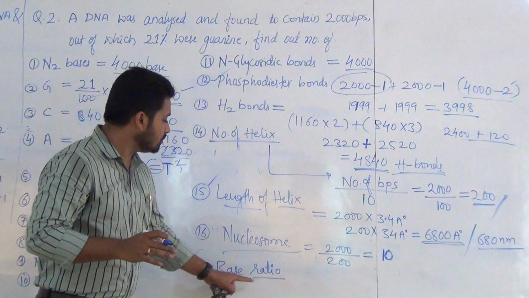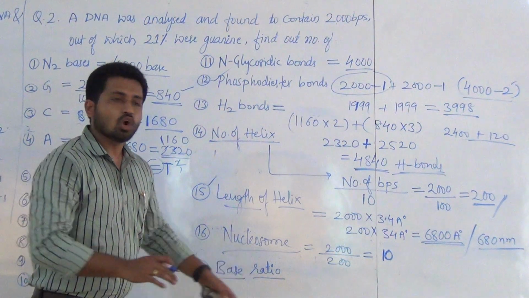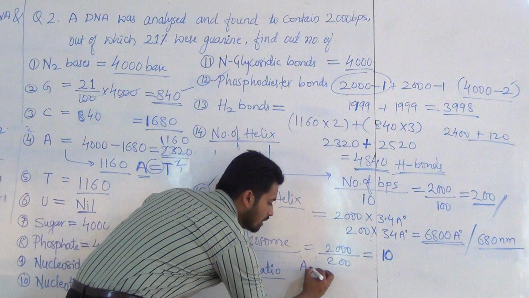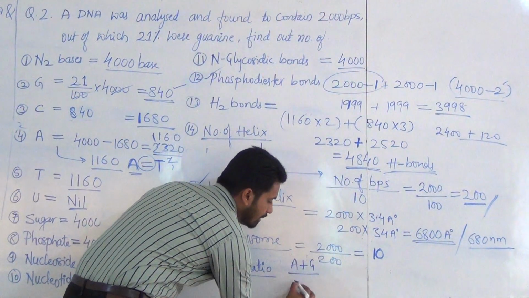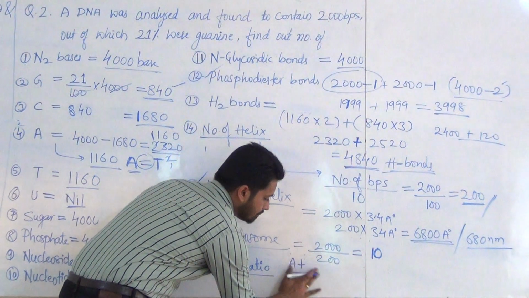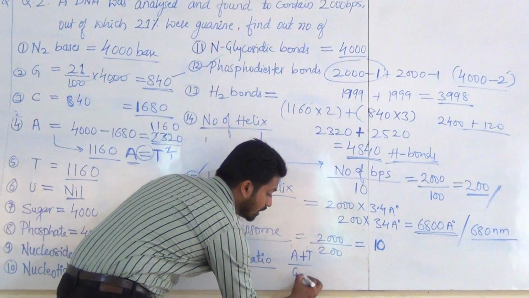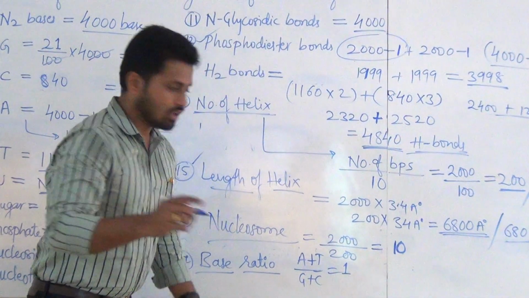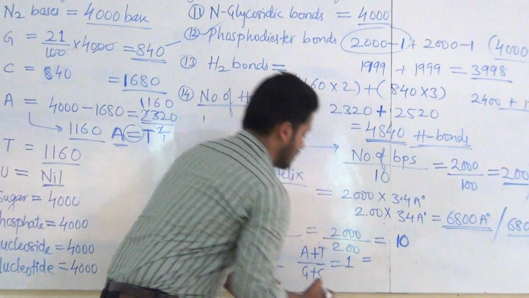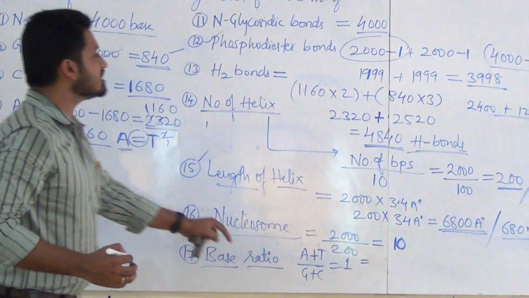So how can we calculate the base ratio? You know already this formula, A plus T divided by G plus C, that is constant. So what is here our value? A plus T, how much it is?